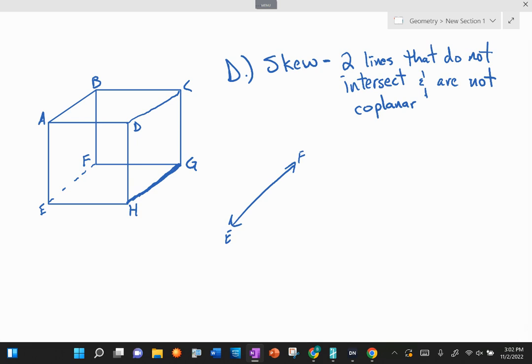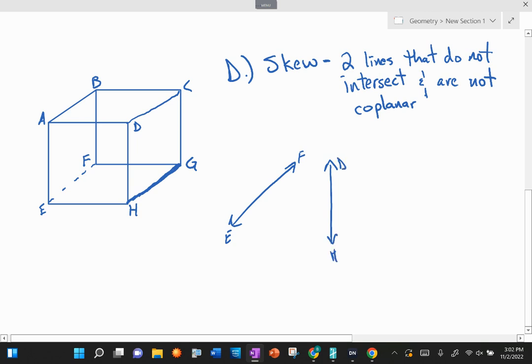No. Now, if we were talking coplanar points, that one wouldn't work because E and H are on the same plane. But we're not talking about coplanar points. We're talking about coplanar lines. As long as the lines aren't on the same plane, they can have a point that maybe shares, and that's totally fine. So then we've got DH, or HD. That would work.